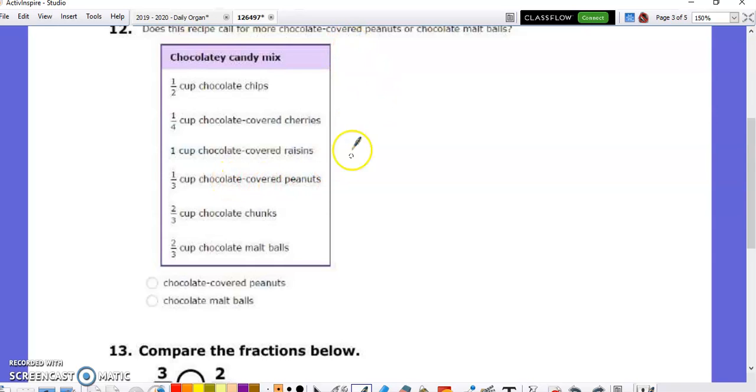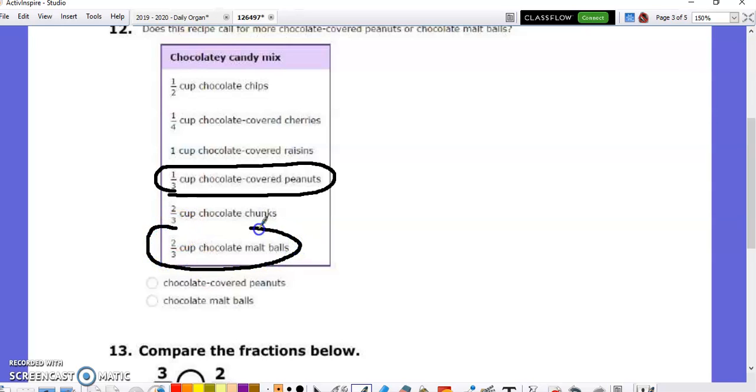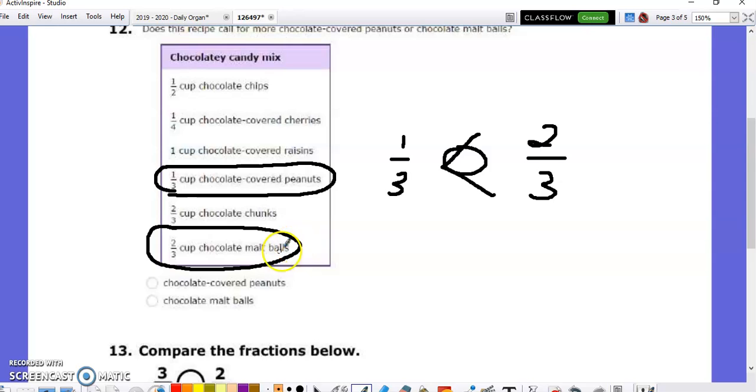So I've got to find the chocolate-covered peanuts, which is 1/3, the chocolate-covered malt balls, which is 2/3, and then I'd put them next to each other in a comparison chart. Fortunately, they have a common denominator, and I can see 2/3, which goes with the malt balls, is the correct response.